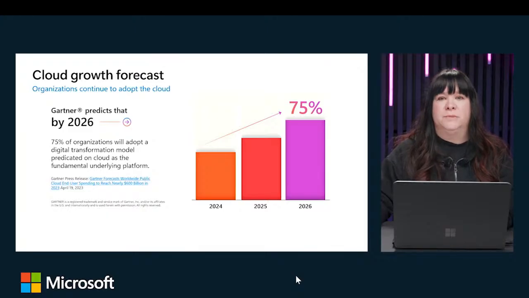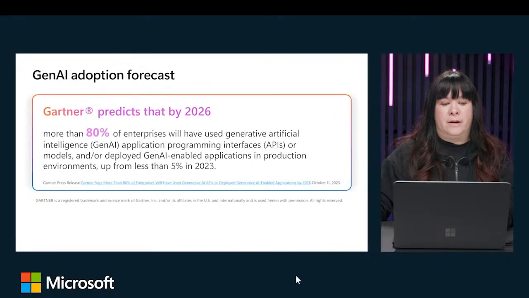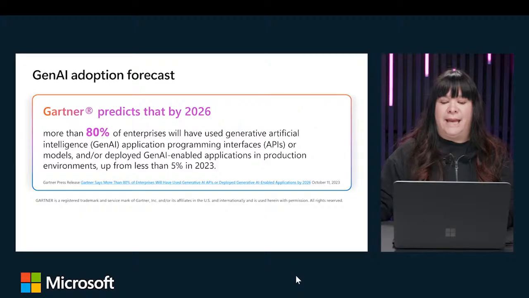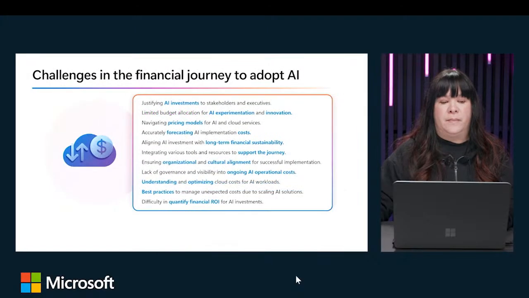An example of SaaS would be something like Microsoft 365. Gartner also predicts that by 2026, more than 80% of enterprises will have generative artificial intelligence. AI is growing fast, as you've heard, in the market. And with this, we're looking at Gen AI-enabled applications in production environments, up from less than 5% in 2023.